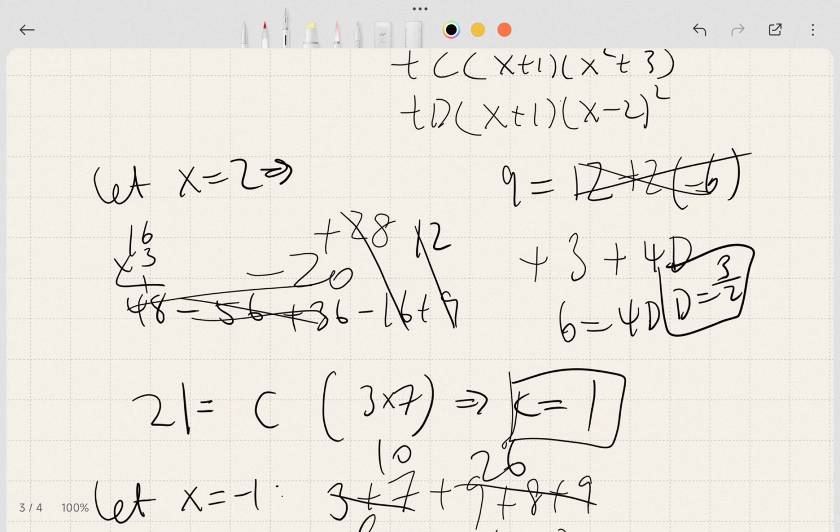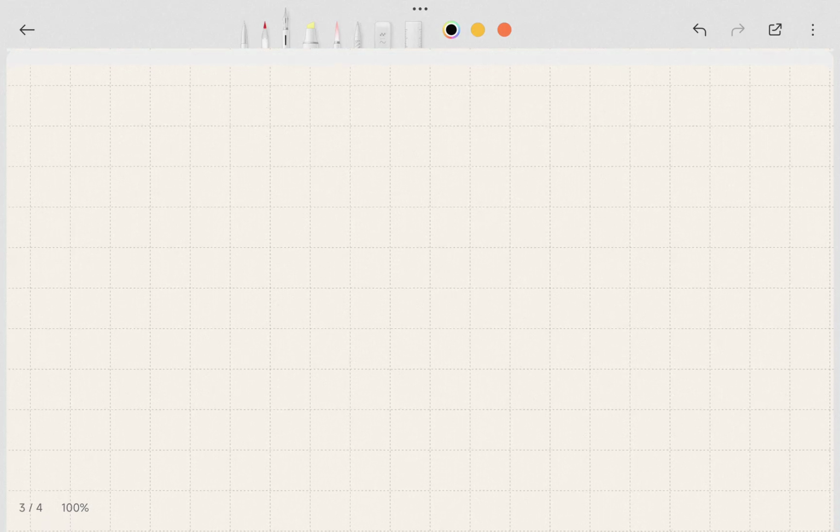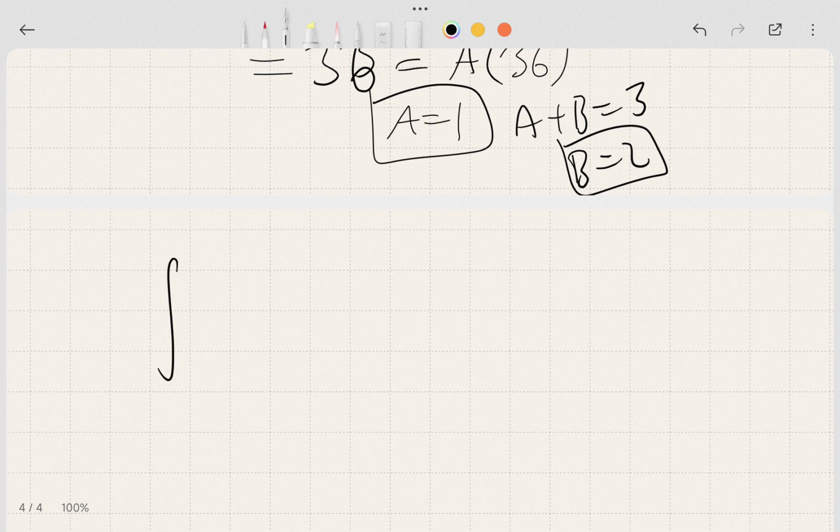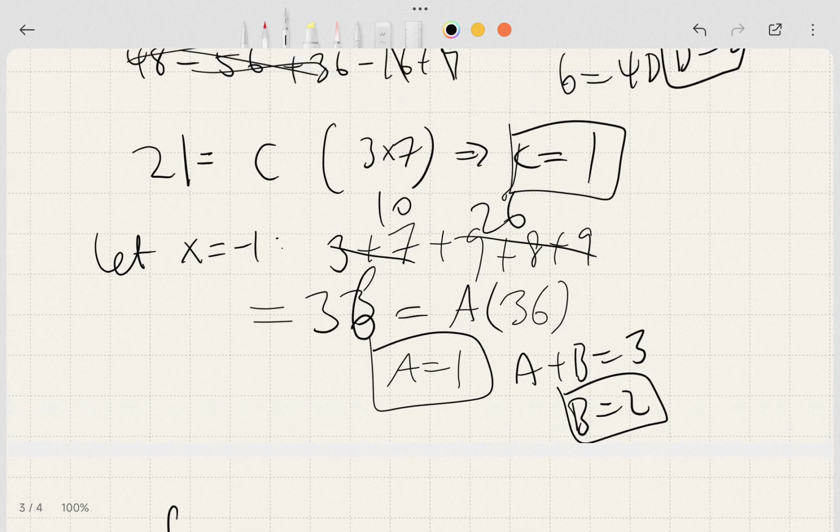That's what we have. So now we can simplify the integral down to this.